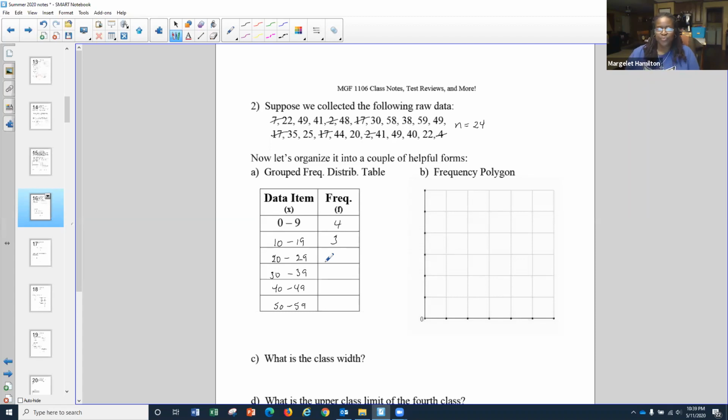All right. Okay, so here we are checking the numbers. We should have gotten 4, 3, 8, and 2. When we add all of these up, again, it verifies that we got n equals 24.